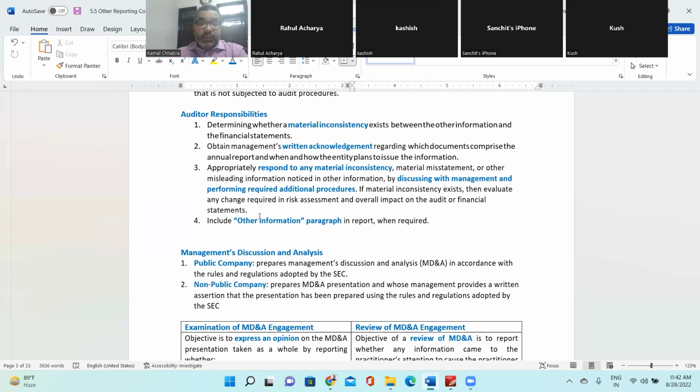And if there is an inconsistency you have noticed and management does not agree to change, then you need to provide an Other Information paragraph in your audit report. Make sense? Yes, no, any doubt?